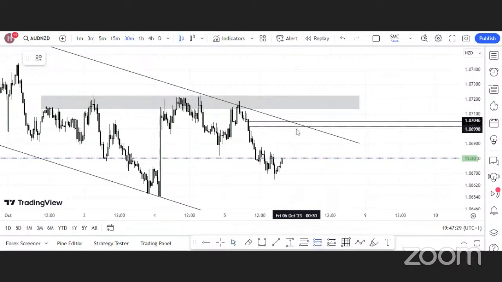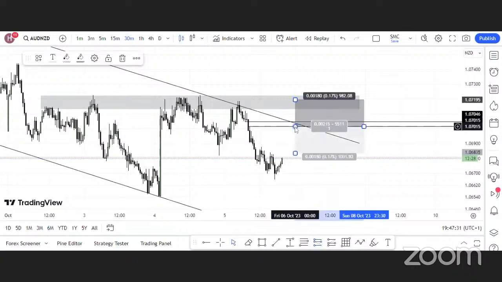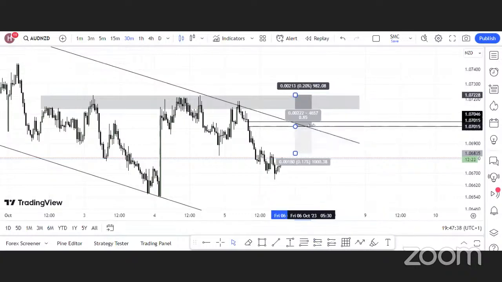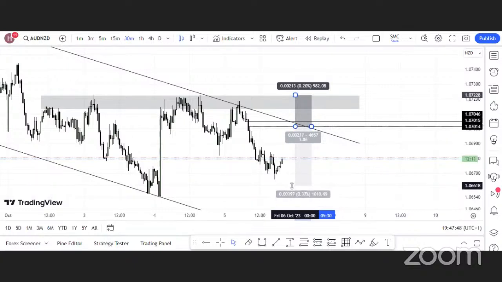And then I'm just going to sell from this area when the market gets here. And my take profit is going to be just around here, targeting this or this. Okay, let's do this.